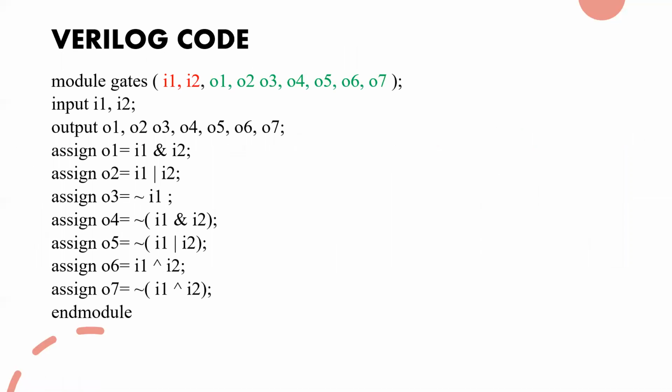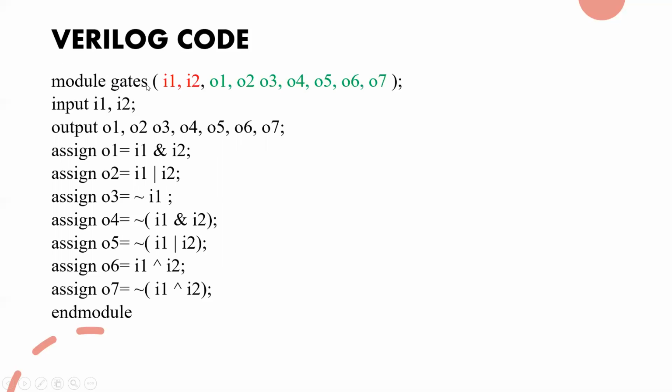In this slide, we have a VERILOG code for logic gates realization. Firstly, we'll be declaring a module. So first we'll write module, and next we have written gates.